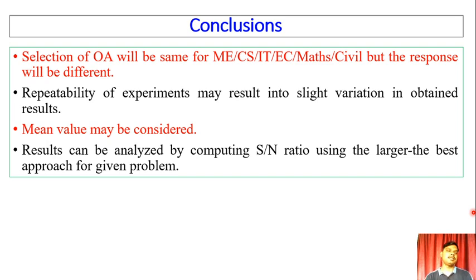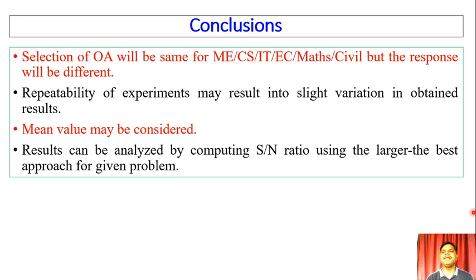So the conclusion says selection of orthogonal array will be same for all branches, but the responses will be different because we are concerned with our particular case like pressure, temperature. CSIT people will be dealing with some banking solutions, some automotive solutions, okay, and these maths people will be dealing with some mathematical responses.